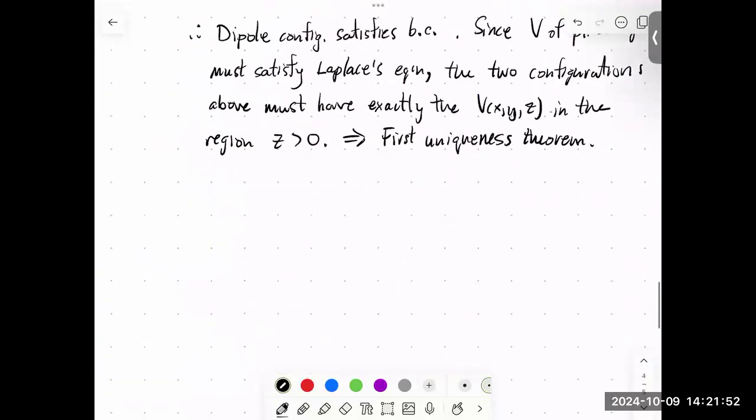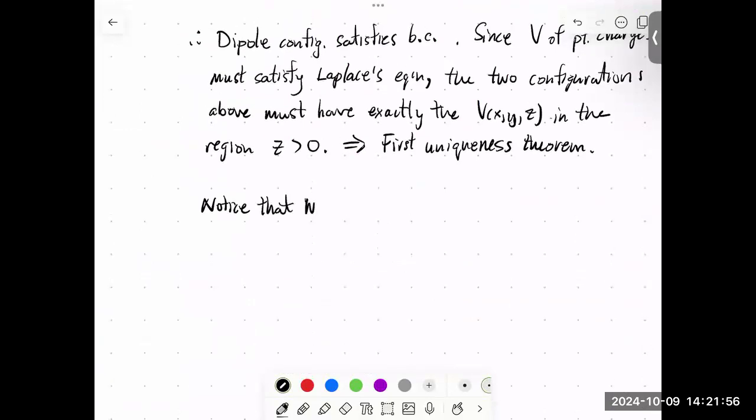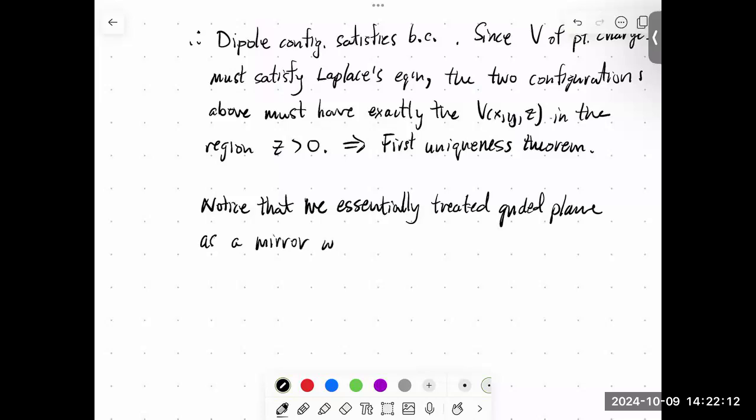So notice that we essentially treated the grounded plane as a mirror, while also changing the sign of the image charge.